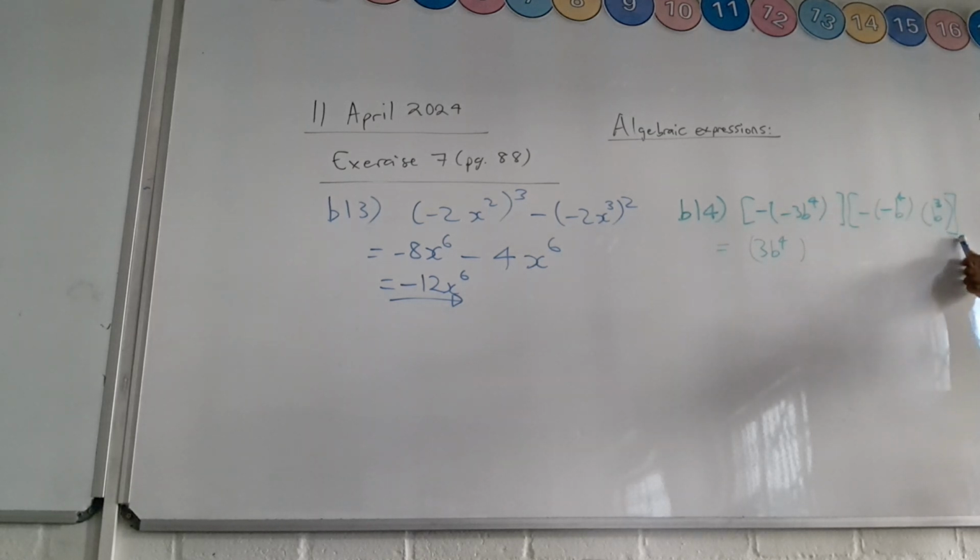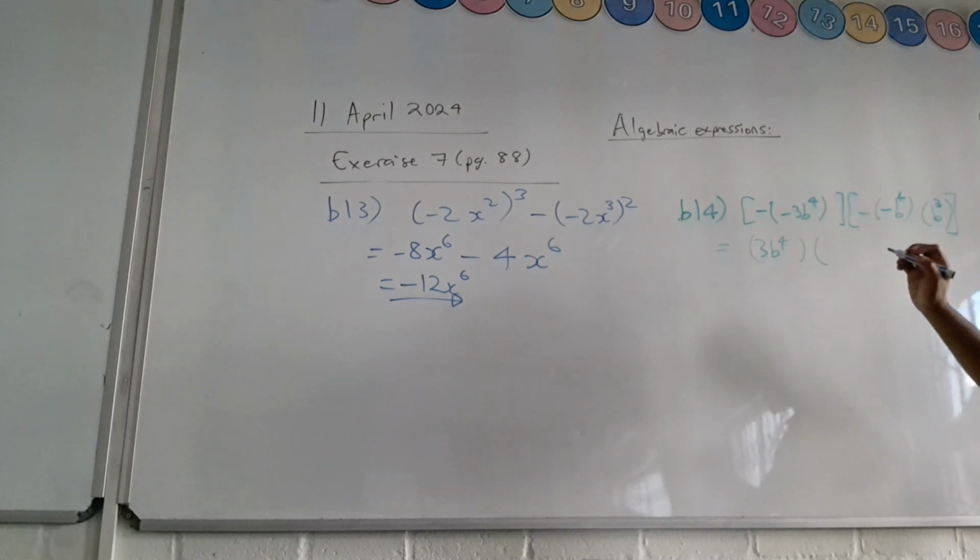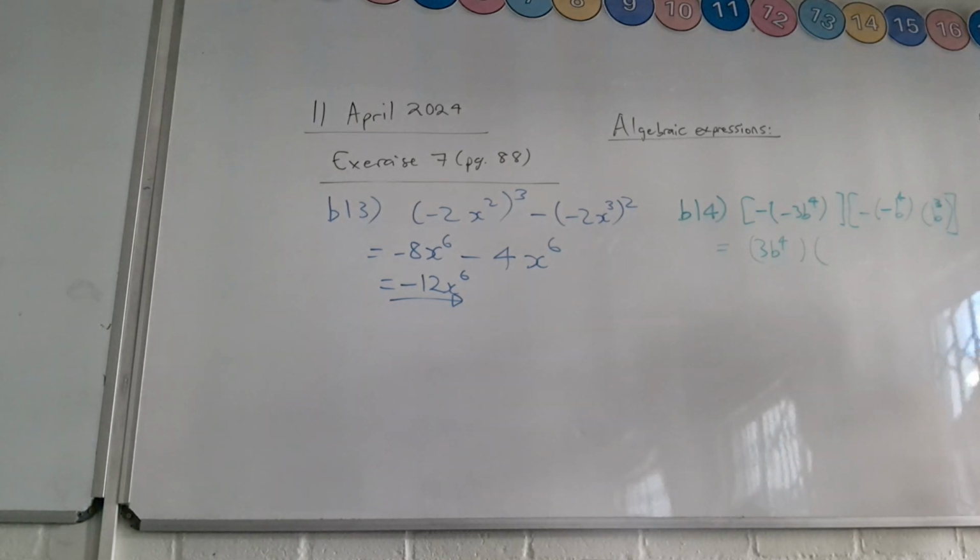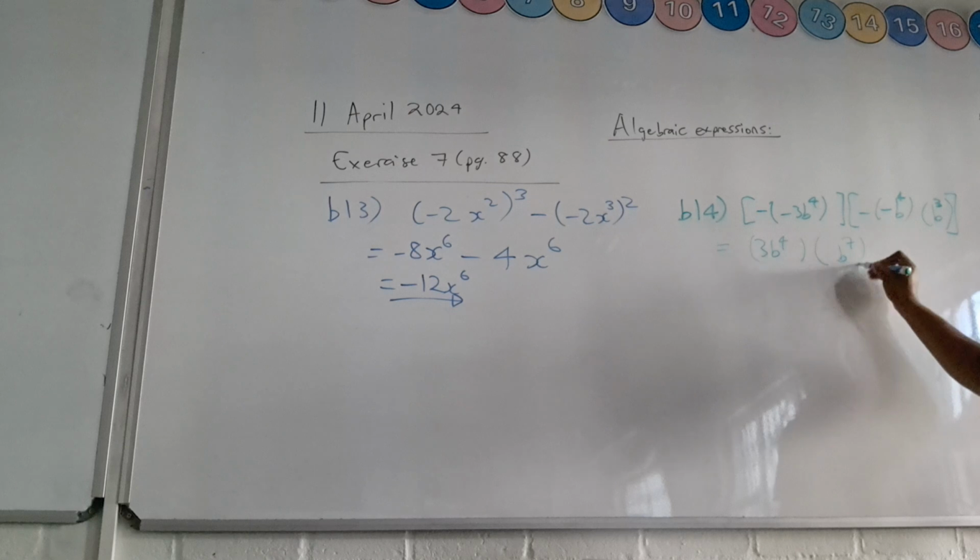How many negative signs do you have here? Two. When you have an even number of negative signs, you always end up with positive. When you multiply powers with the same base, you do what? You add the exponents. So this becomes b to the power of 7.